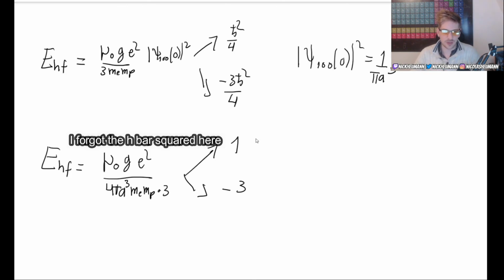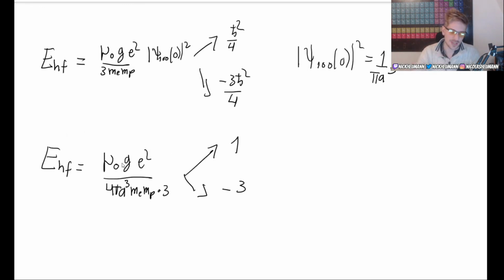And this is what we call the hyperfine splitting. This is the spin splitting, right? Because this arises from the interaction between the spin of the electron and the spin of the proton. And as you can see, it either raises the energy by 1 unit of mu naught g e squared over and so on, or it changes it by 3 times this amount. And that is hyperfine.